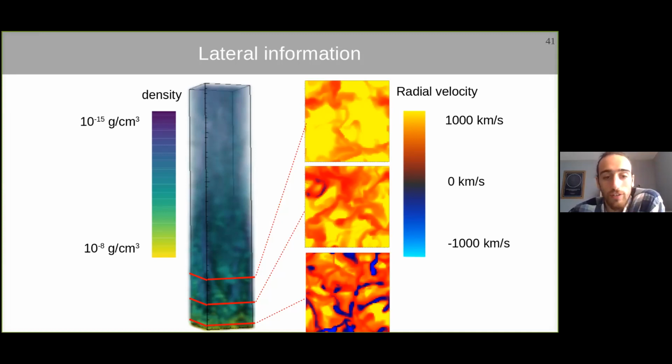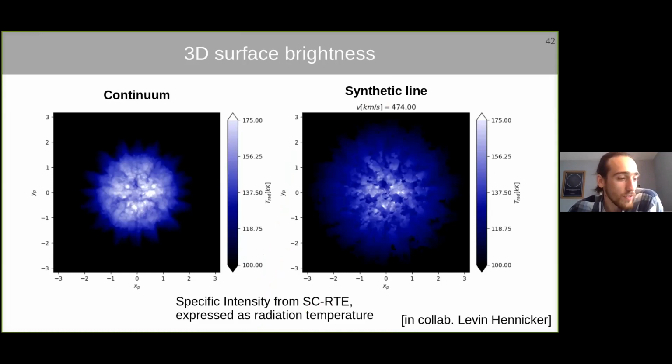Now that we have the full density and velocity structure of these winds, we can use them in a post-processing way and perform full radiative transfer on them, so that we can compute frequency-dependent intensities and fluxes, and also synthetic observations. That's exactly what I've been doing with one of our group members, Leuven.